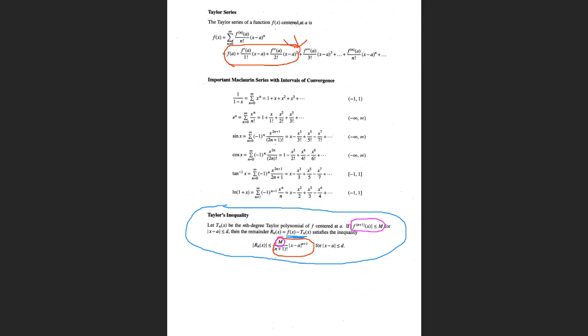In our problem, we have a second degree Taylor polynomial, so n is 2. To determine M, we have to compute the n plus 1 derivative of f, which is the third derivative of f. So let's go ahead and do that.